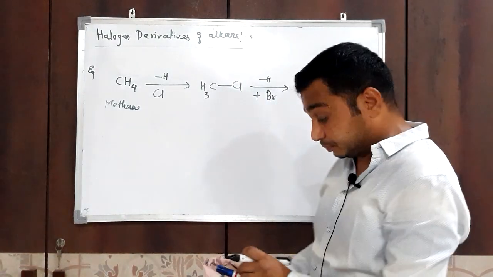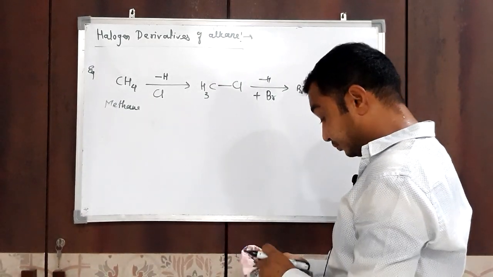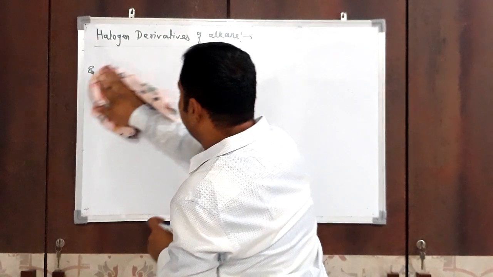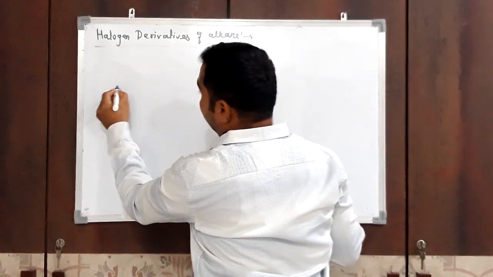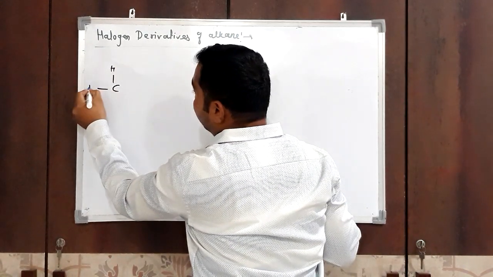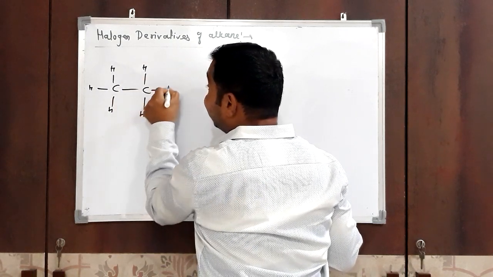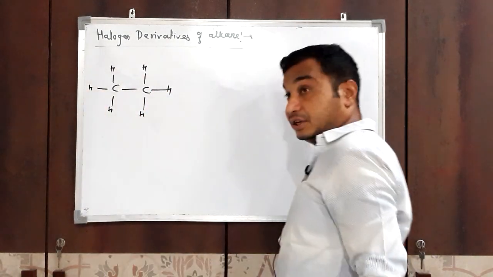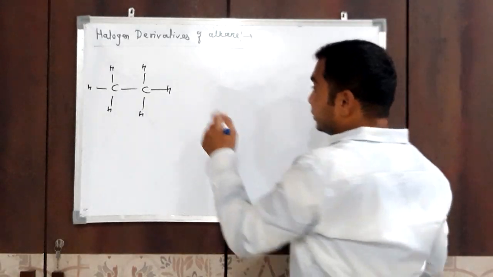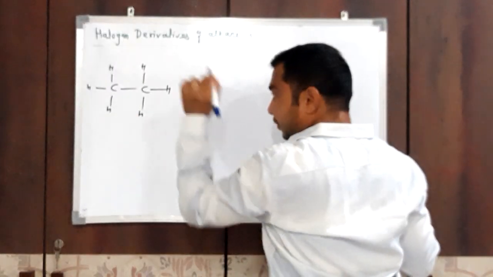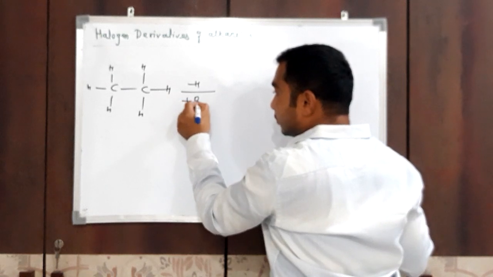Okay, so one more example. Take ethane. In ethane there are 2 carbon atoms and 6 hydrogen atoms, and all these 6 hydrogen atoms are identical. Now replace any one of the hydrogen atoms by bromine.